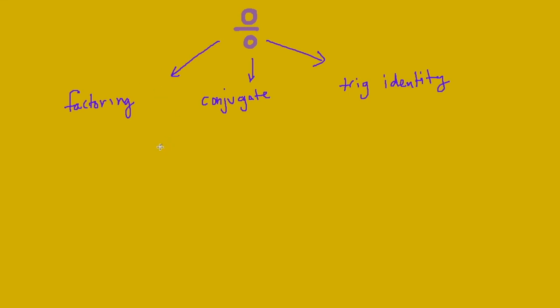When you get 0 over 0, you would try one of 3 things. You'd try factoring, multiplying by the conjugate, or using a trig identity, depending on what the function looks like.